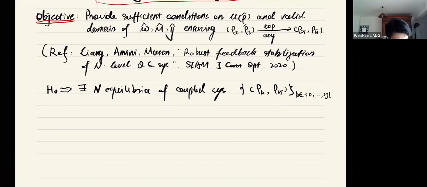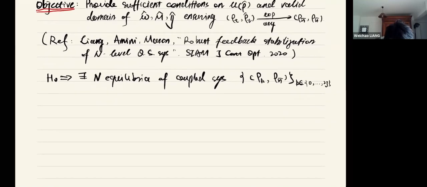So the first step is to show the instability of the bad equilibrium. In fact, we can show that this instability is exponential instability.